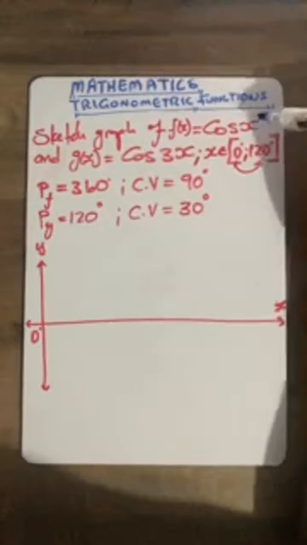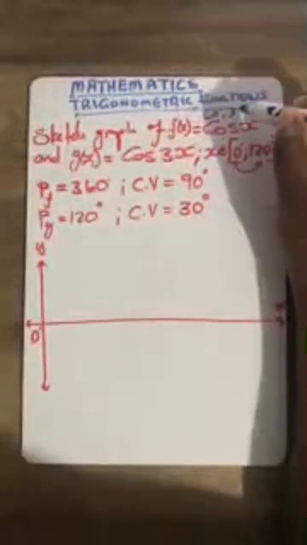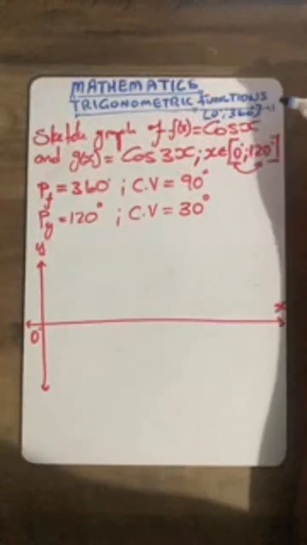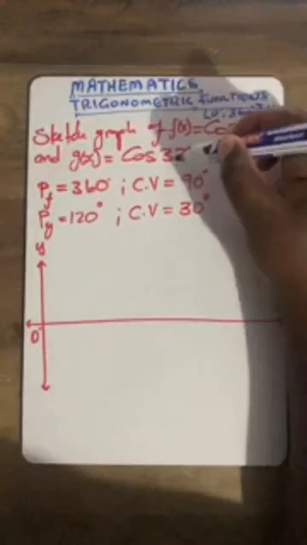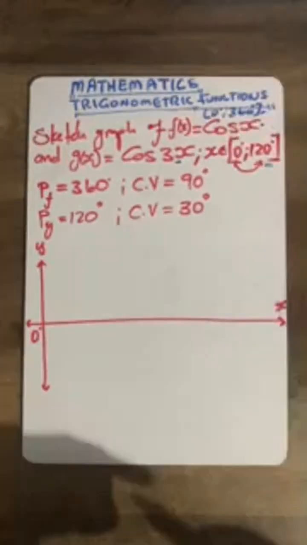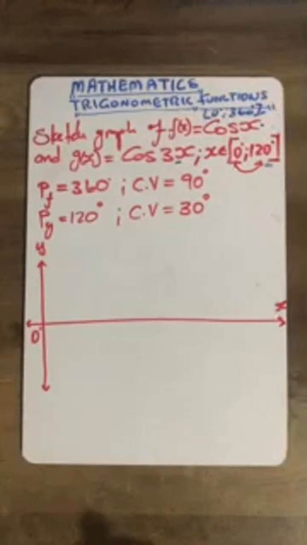For this one, the interval was supposed to be from 0 degrees going all the way up to 360 degrees. So that interval is for this one. Even if you did both up to 120, it's fine.